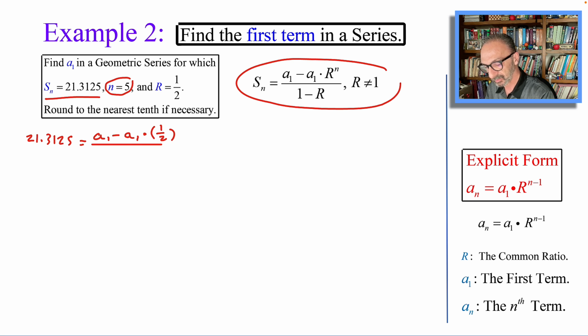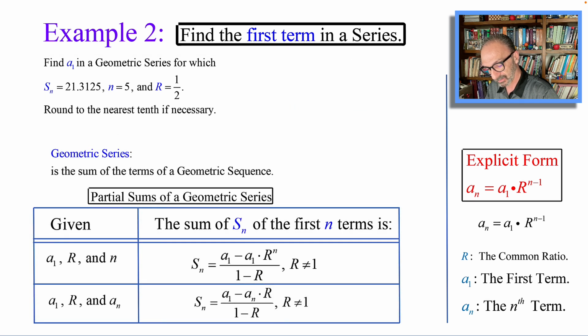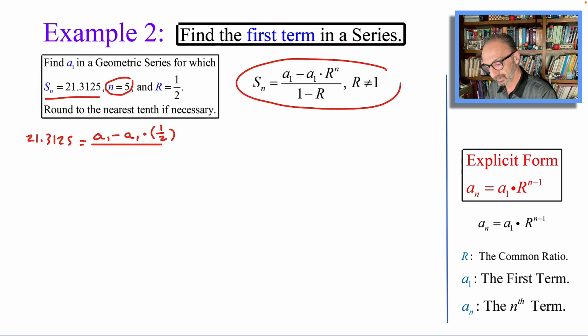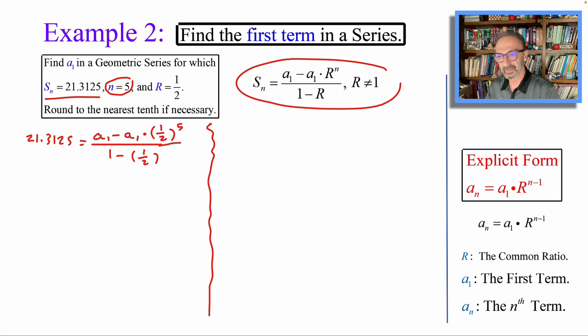This formula uses n, not n minus 1. So 5 over 1 minus r, and that is 1 minus half. I'm going to separate this so I could write in 2 columns to write all the steps.